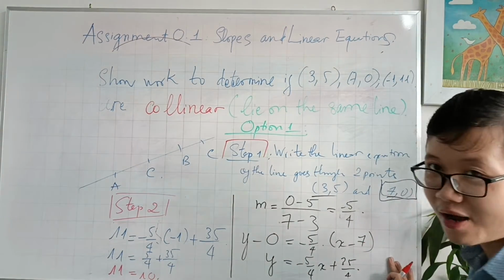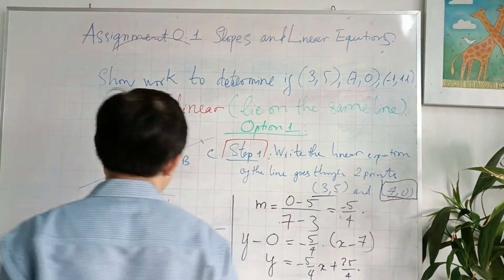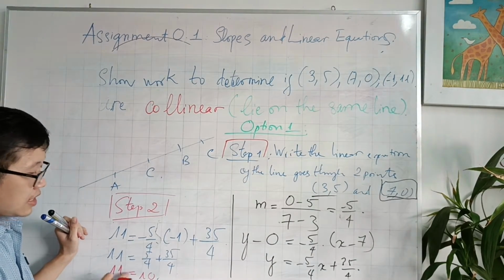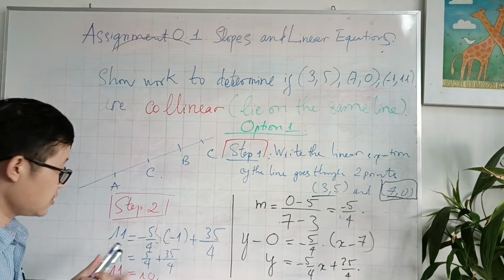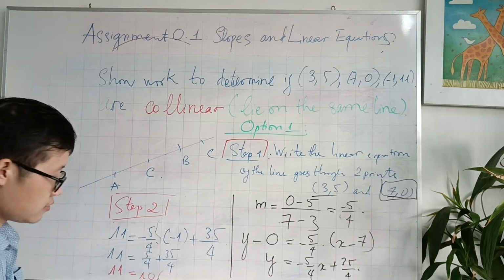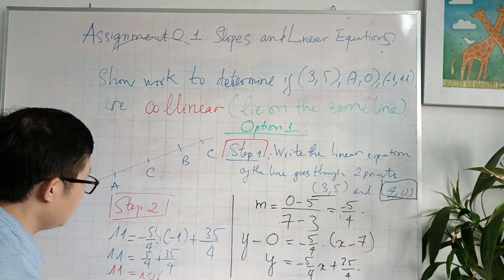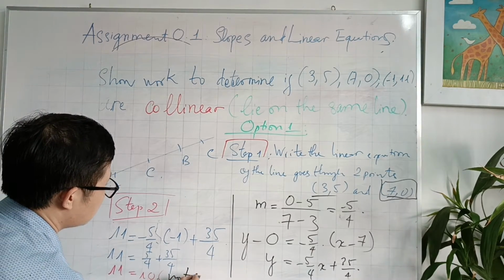Yeah, I have a mistake. When we see here, 11 equals 10 is not correct, so we can use a parenthesis to imply that it is not correct.